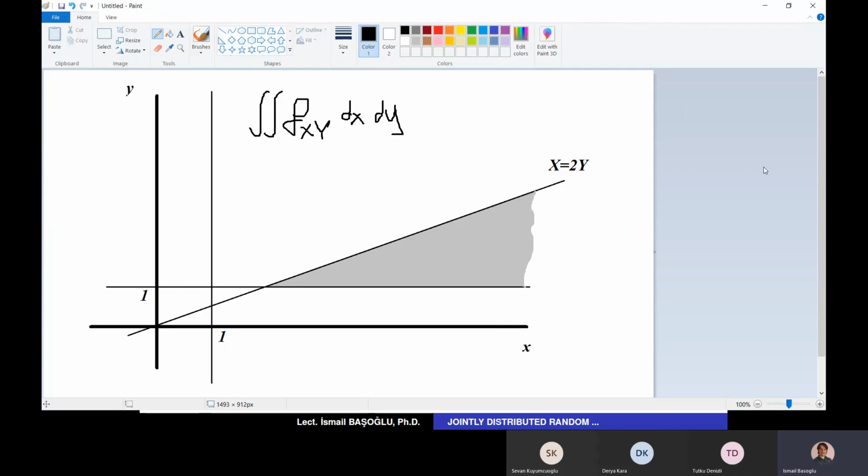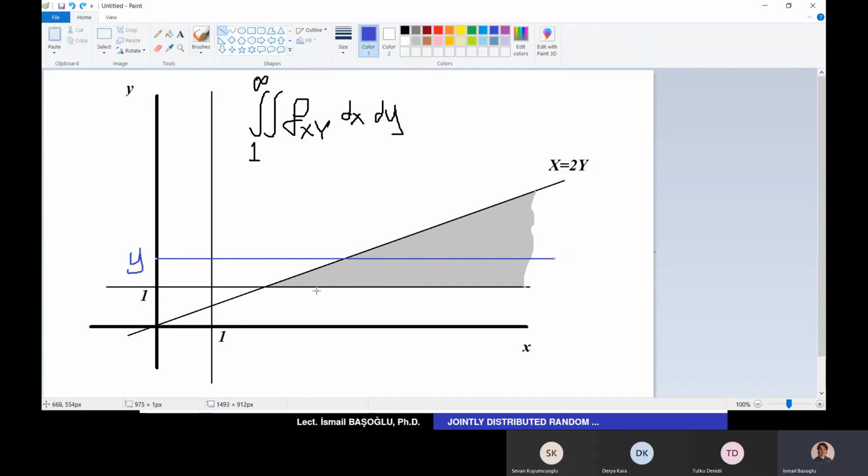This shaded region is unbounded, it continues until infinity, so y can take any value from 1 to infinity. So the boundaries of the outer integral are this. Now let's say we have a fixed value of y, like that.